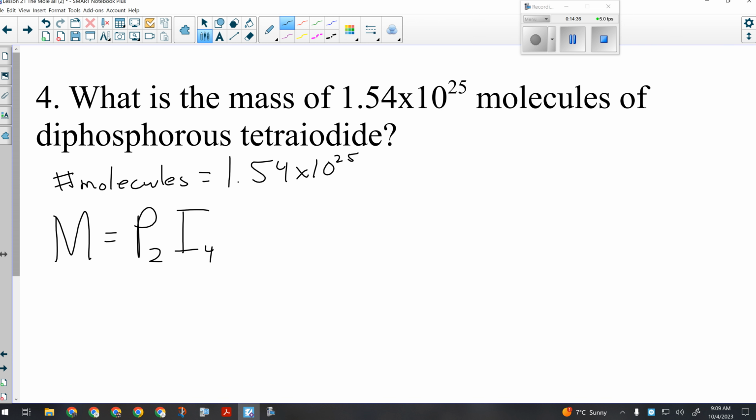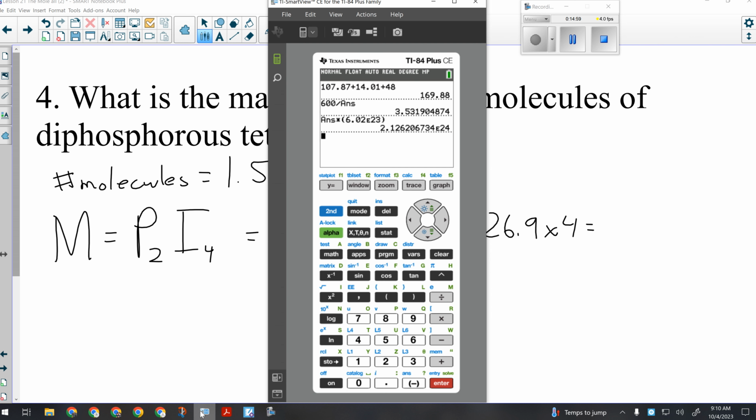Remember, this one is not about dropping and swapping or charge balancing. They're sharing the electrons. So for phosphorus, we got 30.97 times 2 plus iodine, 126.9 times 4.